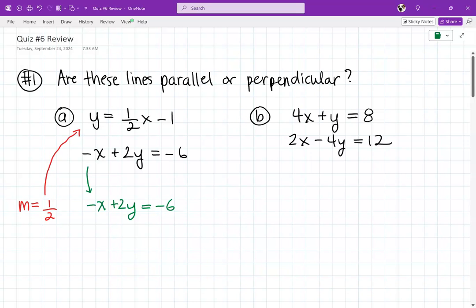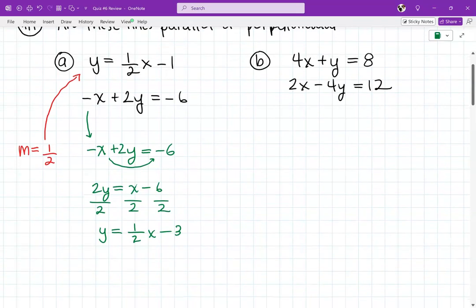So I'm going to add x over to this side. So I get 2y is equal to x minus 6. And then I'm going to divide everything by 2. So I get y equals half x minus 3. So the slope for this one is half.